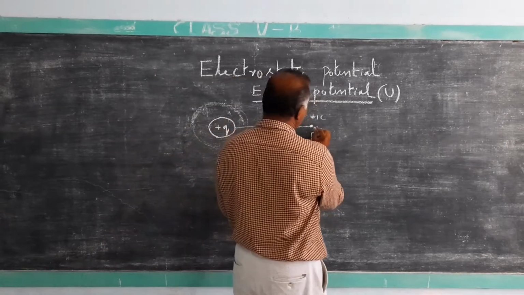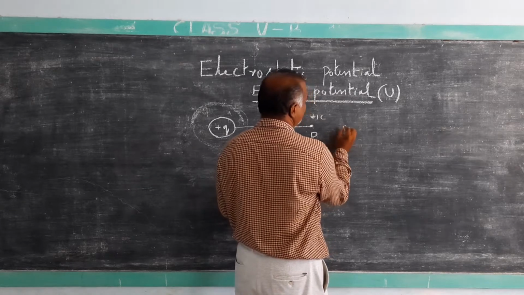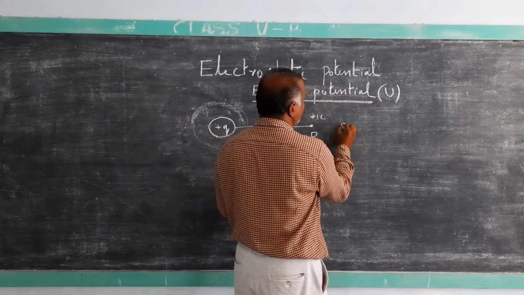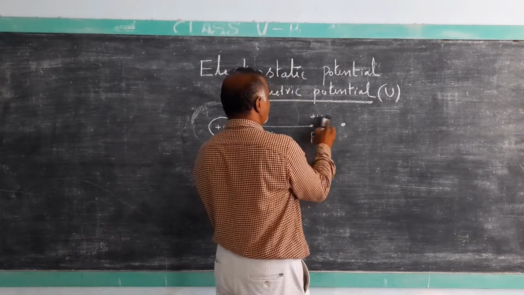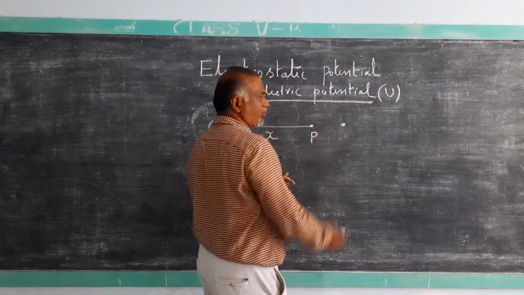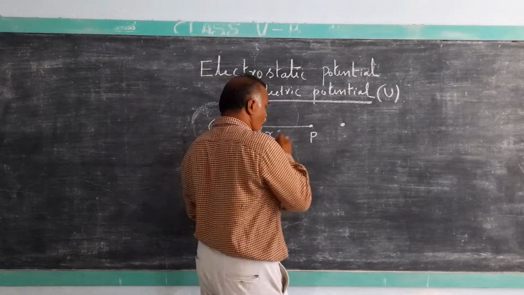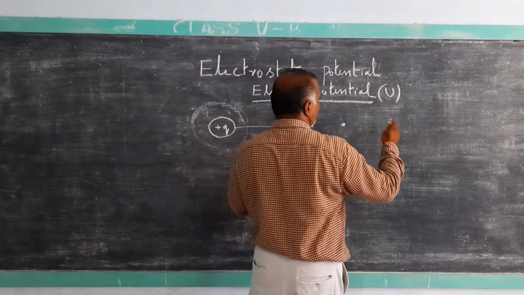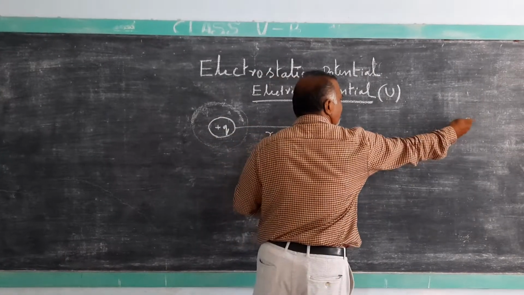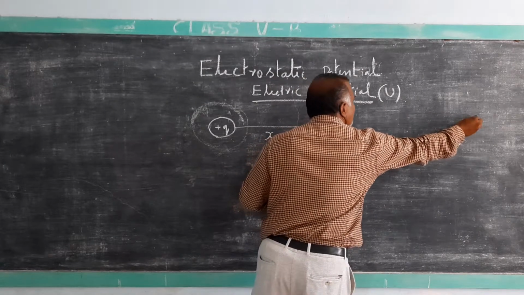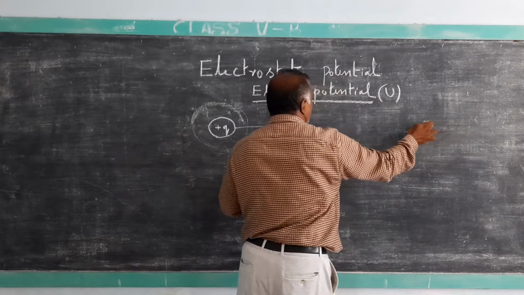Now bring a unit positive charge a small distance from here. Now for electric potential, the definition is this: you take a unit positive charge from infinity, a long distance, to that point.